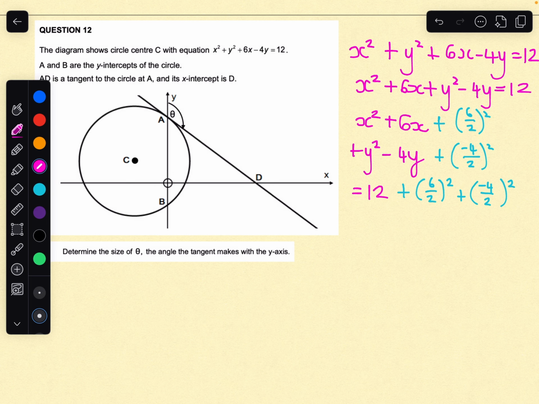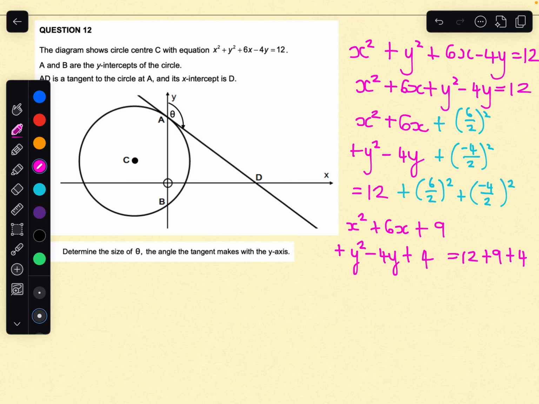So then we've got x squared plus 6x, and then 6 over 2 is 3, squared is 9, and then we've got y squared minus 4y, and then minus 4 over 2 is minus 2. You square that, you get positive 4, and on this side it's those same numbers, 12 plus 9 plus 4.